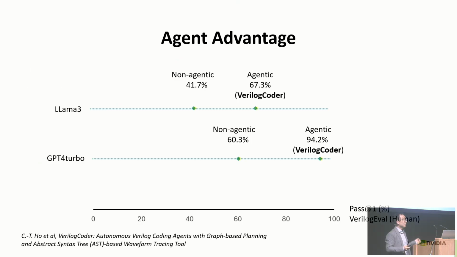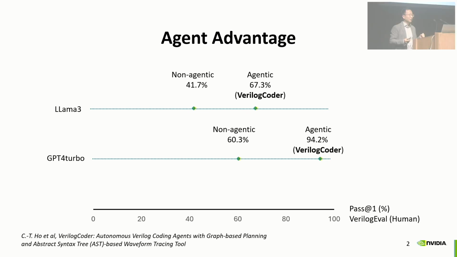So let's look at the agent performance on the VerilogEval benchmark that Hanxian just mentioned. The VerilogCoder agent that we just released is a sophisticated agent that can achieve significantly better results than a non-agentic approach.